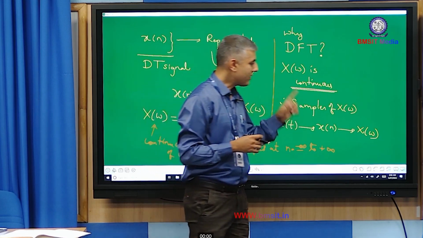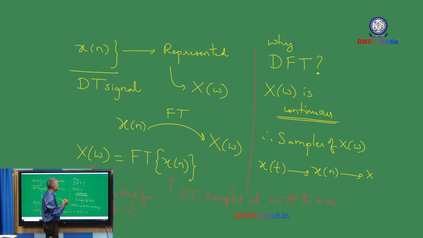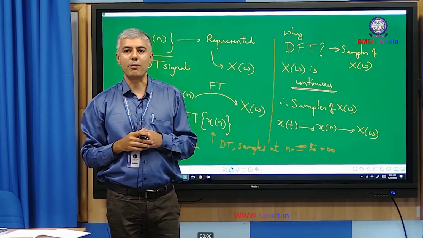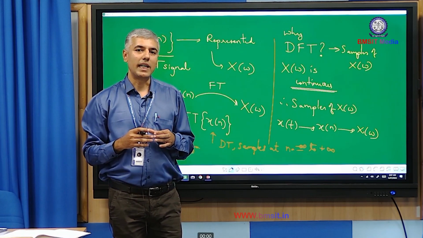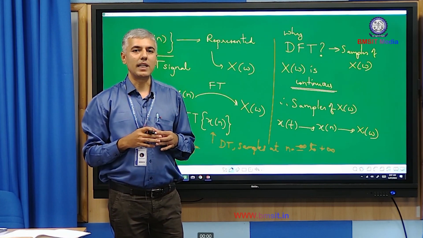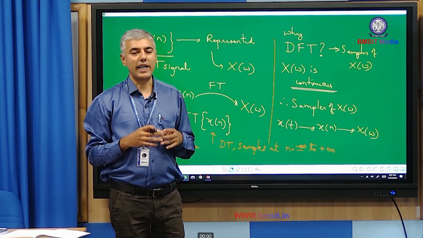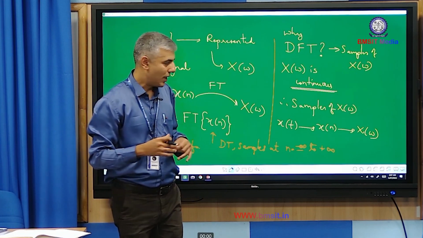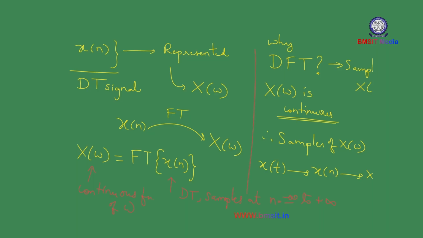The samples of Fourier transform are known, in general parlance, as discrete Fourier transform. Samples of x of omega. These are the samples of x of omega which will help us in still processing the original signal and extract the information.